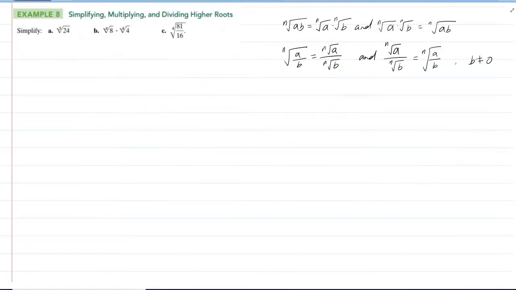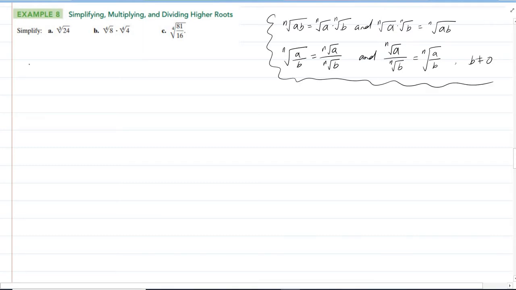Okay. Example 8. We're going to simplify multiplying and dividing higher roots. The product and quotient rules for nth roots, I wrote on the right side. So let's go ahead and work on example 8. We have the cubic root of 24. I can rewrite this as the cubic root of 8 multiplied by 3.